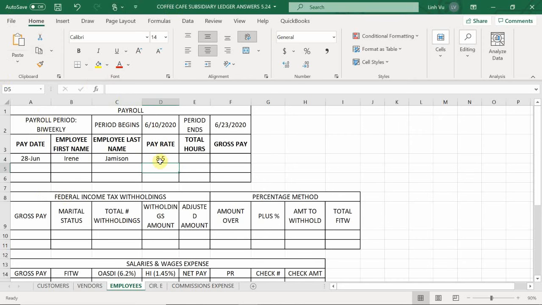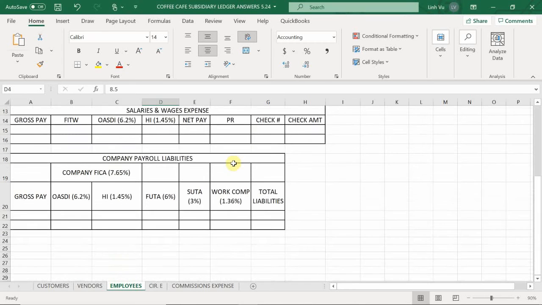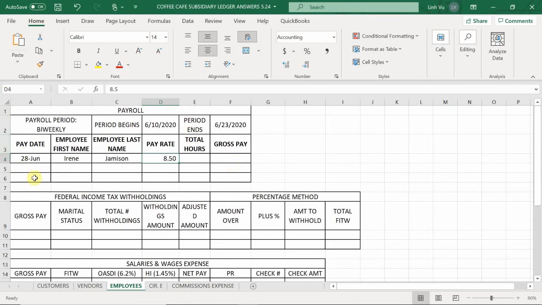Now, because she hasn't started working yet, she has not claimed any hours. So again, this is going to be when she submits her timesheet in. This is where we start filling in everything and we start calculating her payroll. So that's all the information that we need, just this line right here.